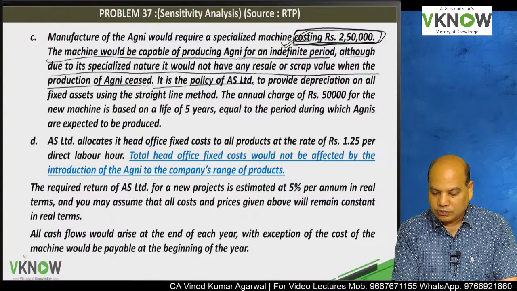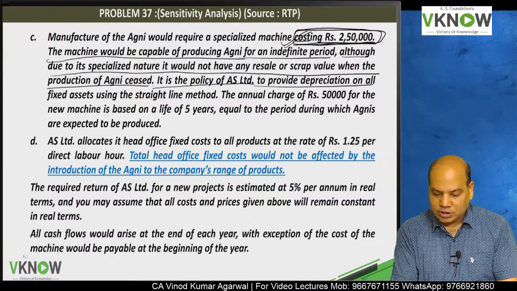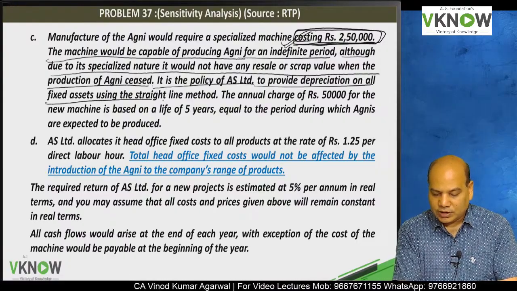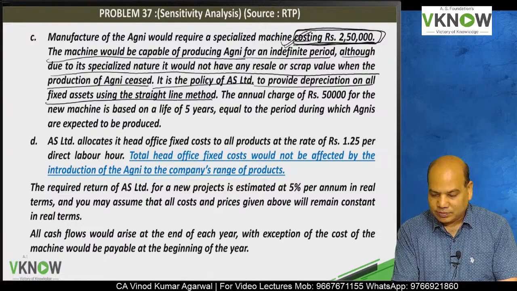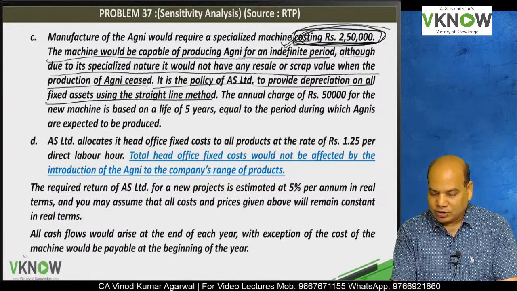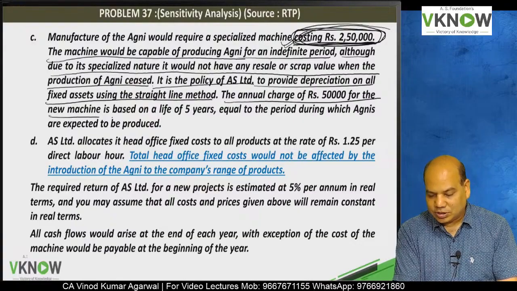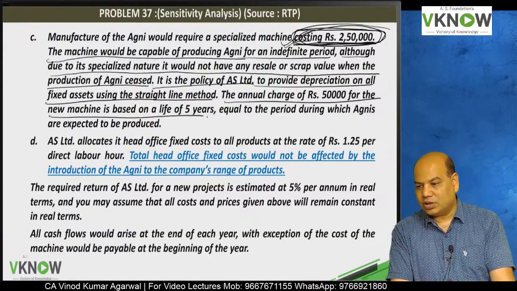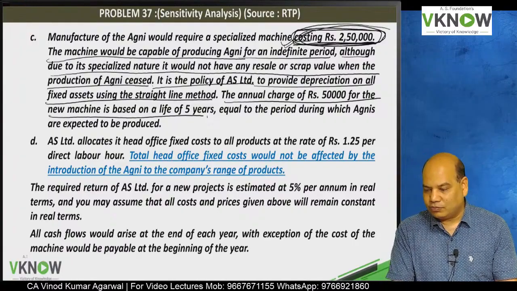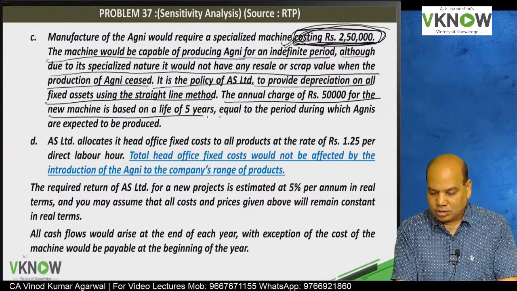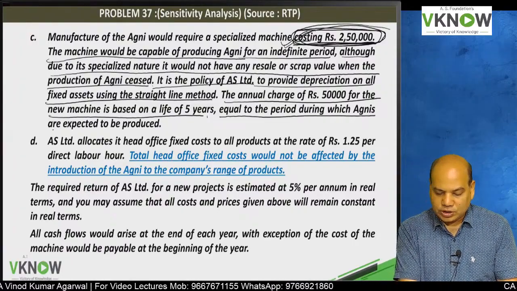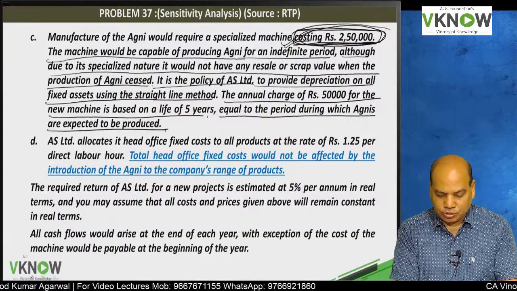It is the policy of AS Limited to provide depreciation on all fixed assets on a straight line basis. So 2,50,000 divided by 5 years, you get 50,000 depreciation, equal to the period during which Agnis are expected to be produced.